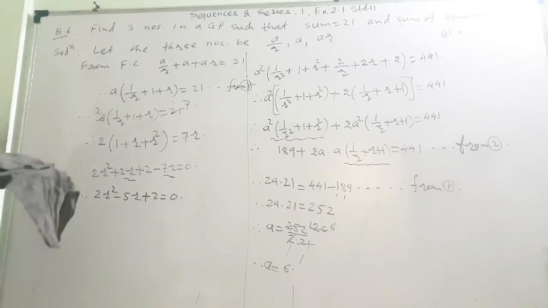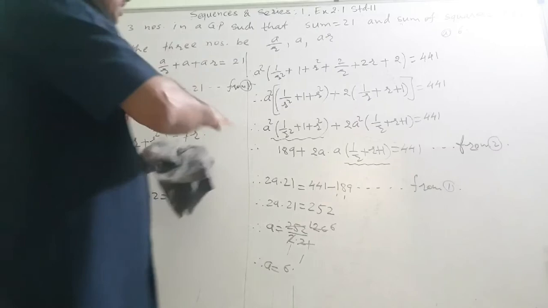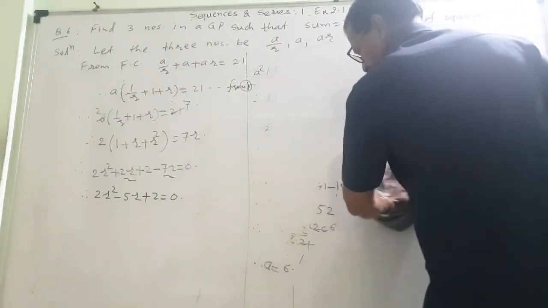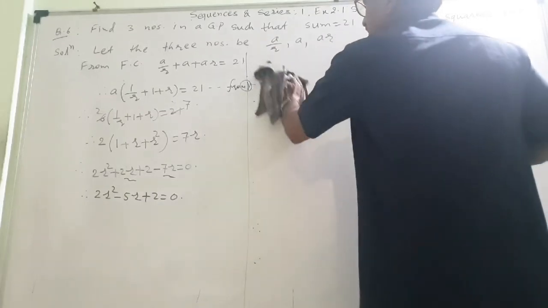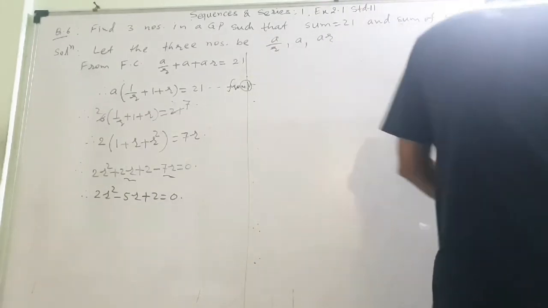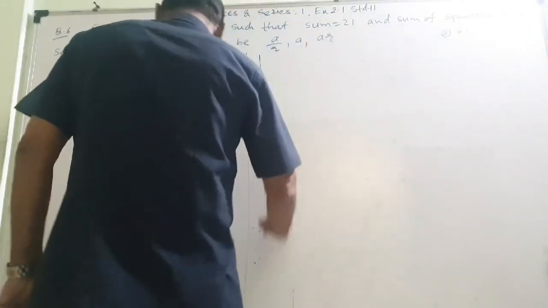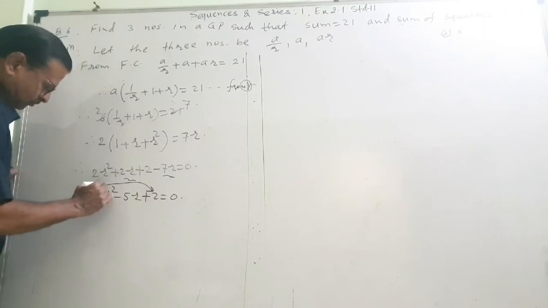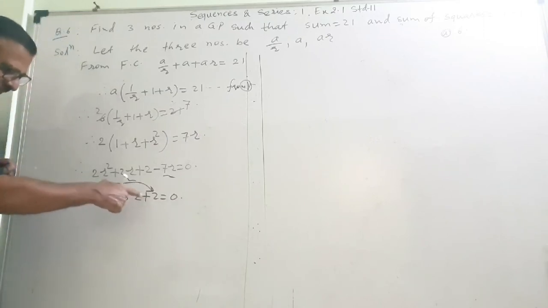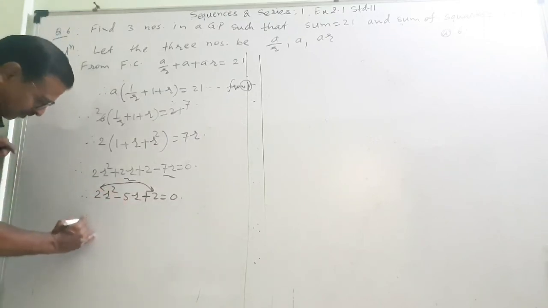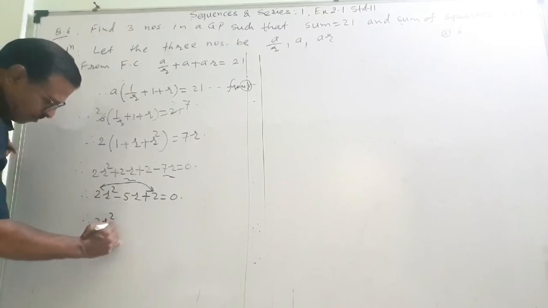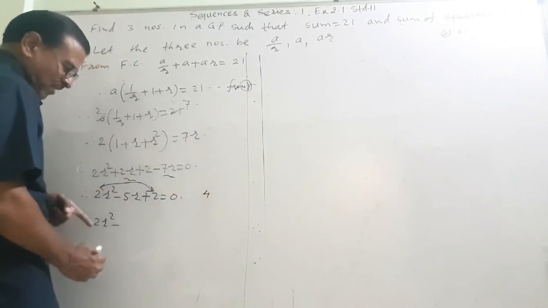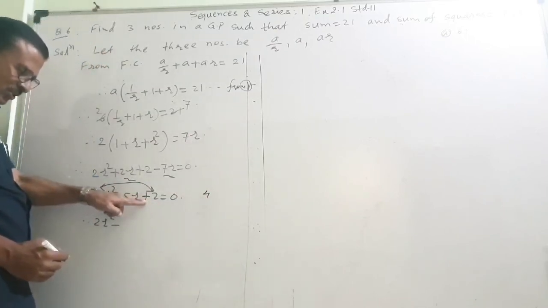So now I am writing this part also. I have to factorize this. This 2 times 2 is 4. Find the factors of 4 such that their addition is minus 5. Therefore, 2r square minus, I want to find the factors of 4, and their addition should be minus 5.